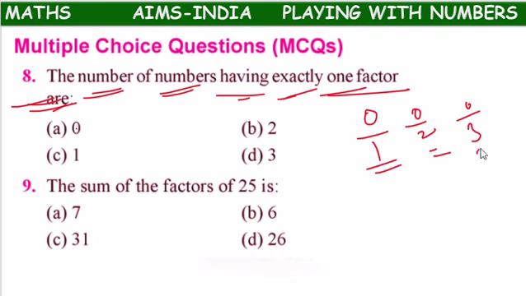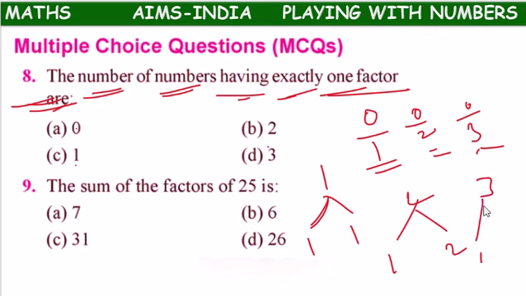Means 0 can have many factors. The factors of 2 are 1 and 2. The factors of 1 are only 1. The factors of 3 are 1 and 3. So, which of the following is having only one factor? C option, 1.